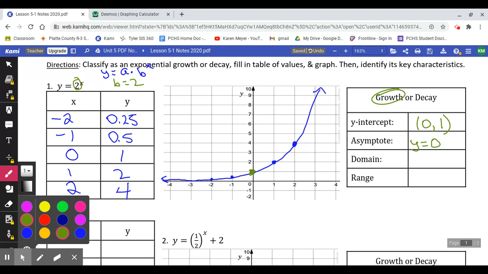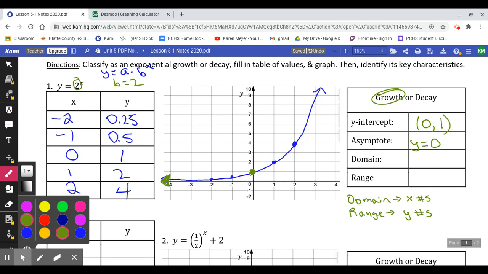Okay, then we got 2 new terms, domain and range. Domain is the x numbers, and range is the y numbers. So domain, if I'm talking x numbers, do you see on the left side we have this little arrow, which means it goes on forever and ever on the left.